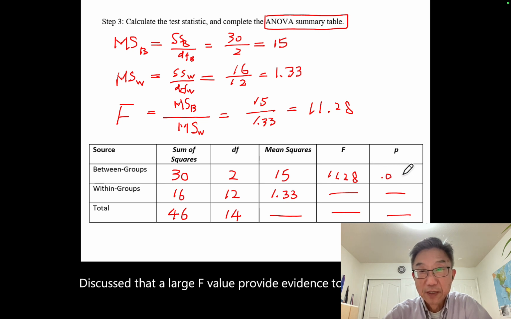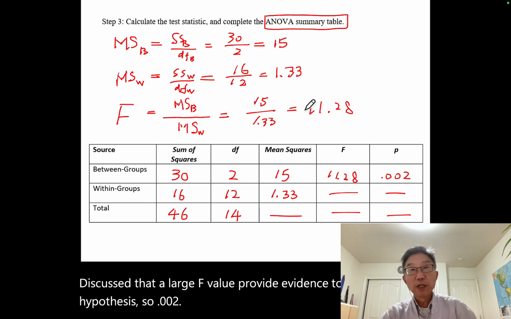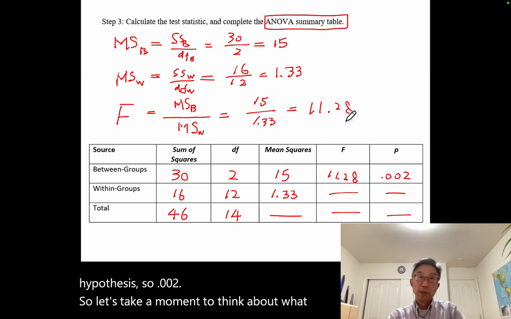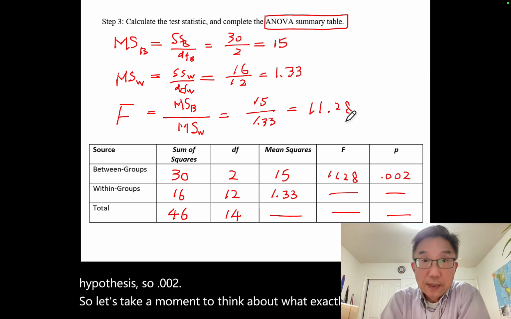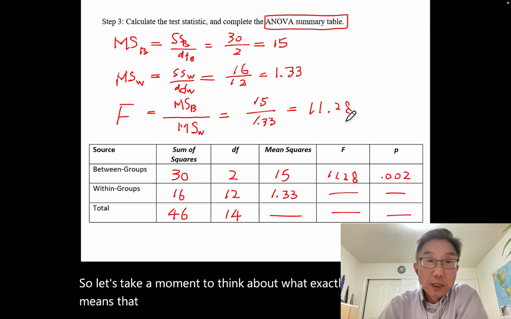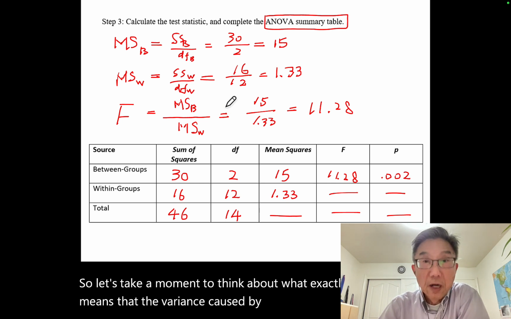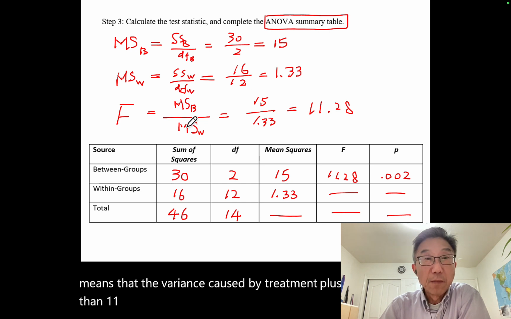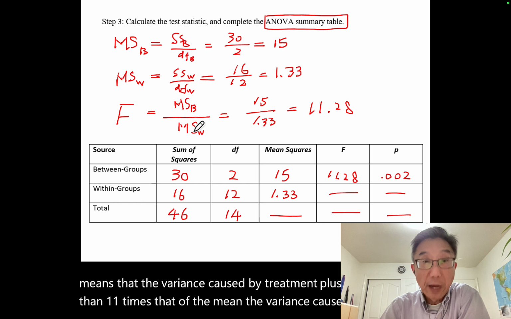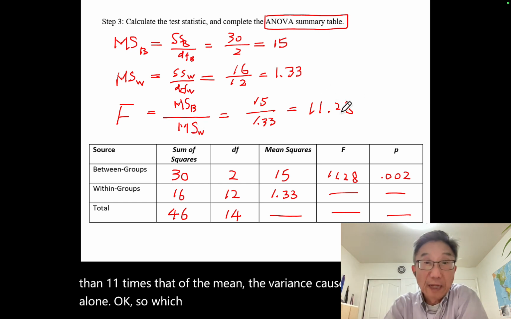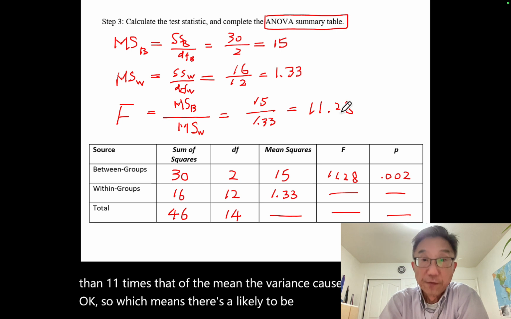So let's take a moment to think about what exactly 11.28 means. It means that the variance caused by treatment plus error is more than 11 times that of the variance caused by error alone, which means there's likely to be a treatment effect.